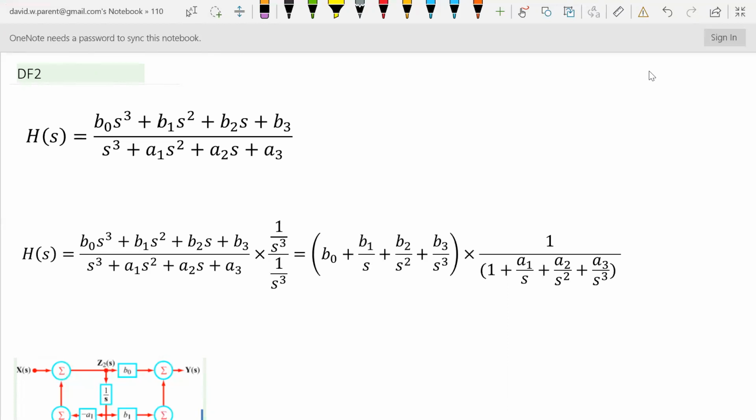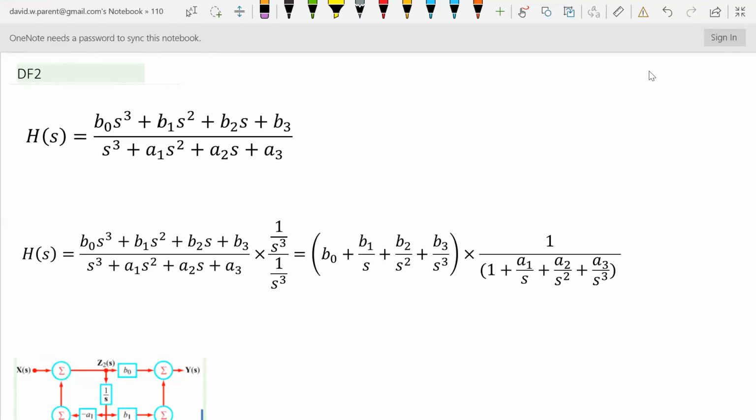For the numerator, we start with b0 times s cubed plus b1 times s squared plus b2 times s plus b3. Then in the denominator, we have s cubed, and it's important that to get your polynomials to where the constant before this is 1.